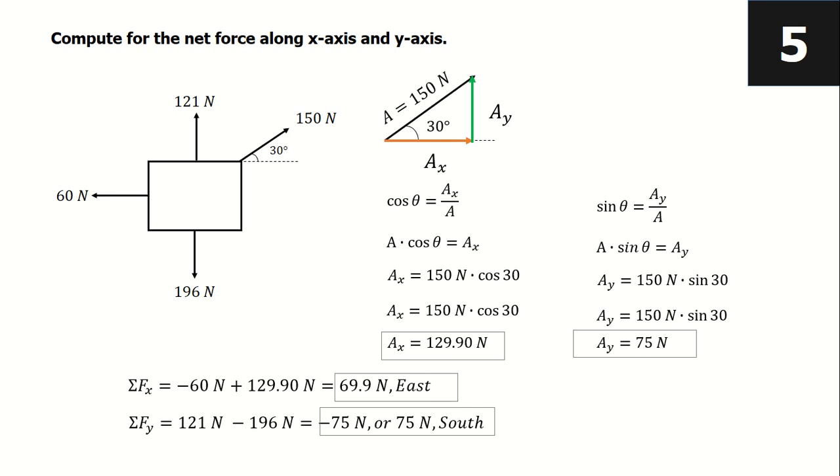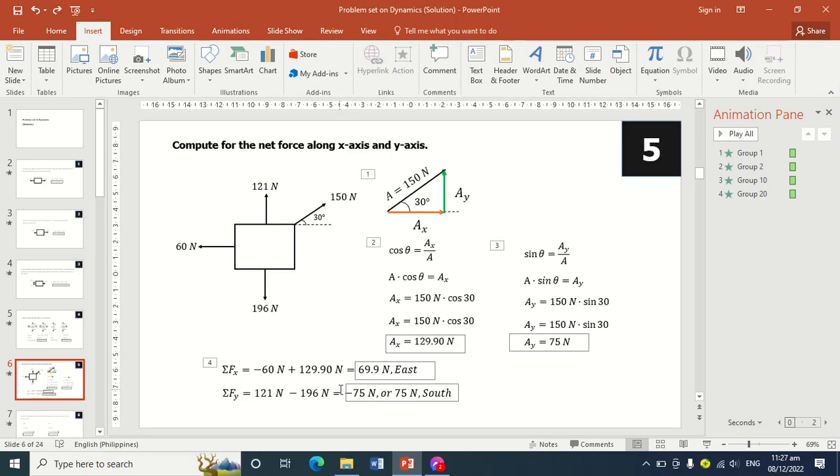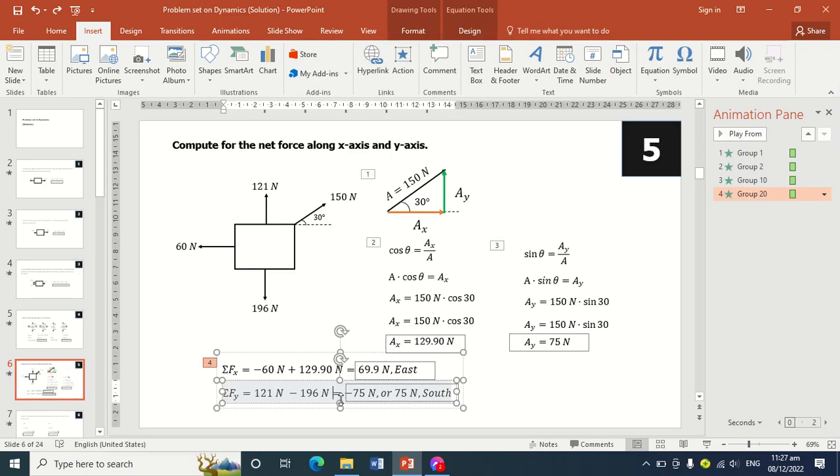Meanwhile, for the summation of forces along the y, you have a positive 121 newtons and a negative 196 newtons, but also a negative 75 newton force. Okay, let me just fix this really quickly. This should not be equal to negative 75.